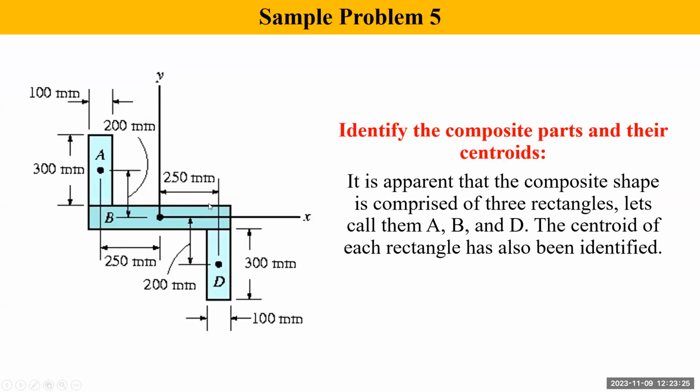This is the figure that you're actually interested in. If you notice, it is separated into 3 parts. So you have segment A, which is all of this. So A is all of this right here. And you can clearly see that the height is 300 millimeters. The breadth here is 100, remember now.